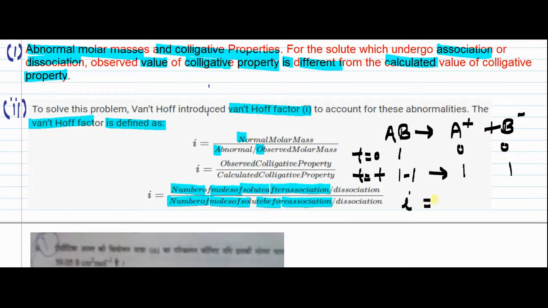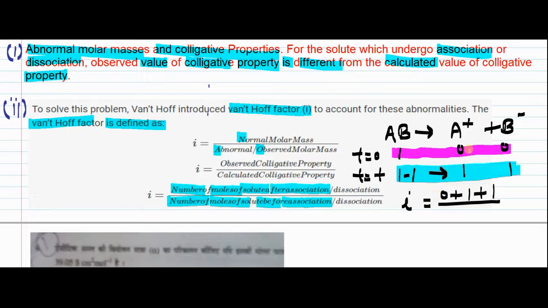The i is equal to the number of moles of solute after association or dissociation, it means 0 plus 1 plus 1, upon the number of moles of solute before association or dissociation, it means 1. So 2 upon 1.